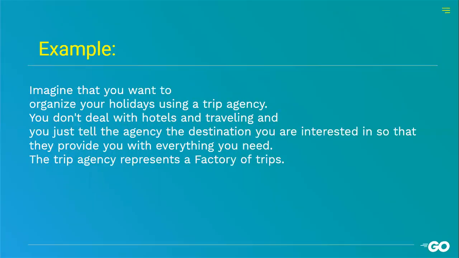So suppose we have a functionality called get package for a trip. So this trip agency has a function called get package of a trip. And whenever the customer asks for any particular type of trip, the trip agency just passes the string, like get package trip for Bangalore, get package trip for Kolkata.